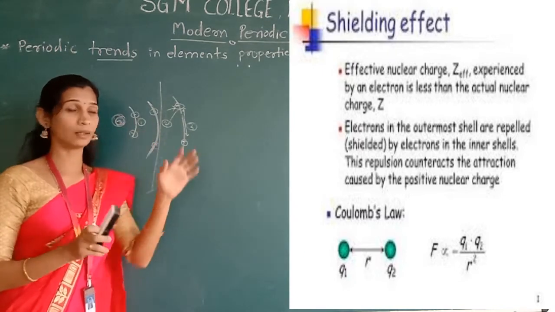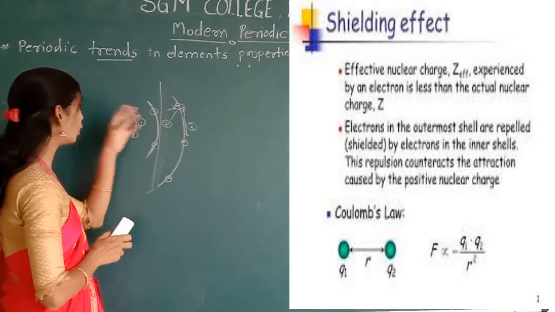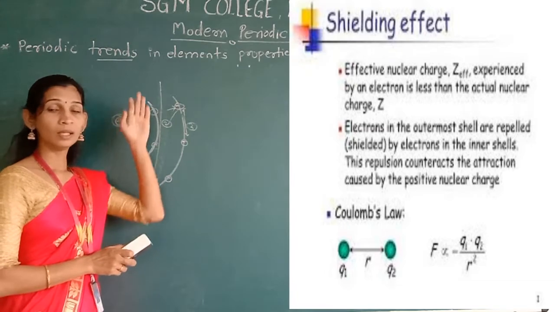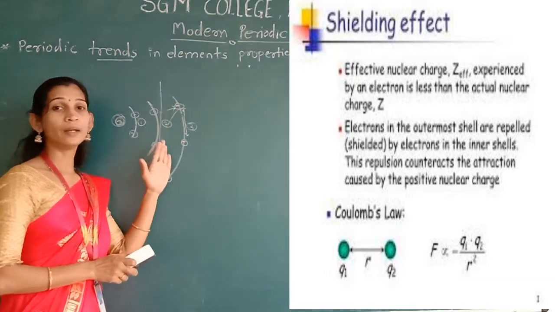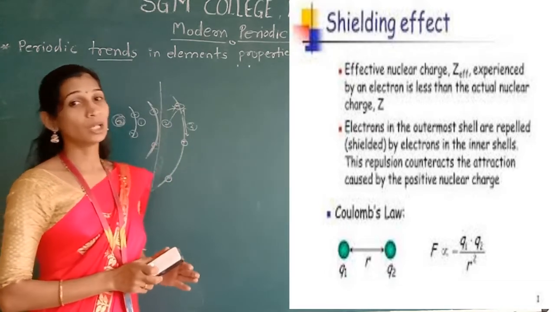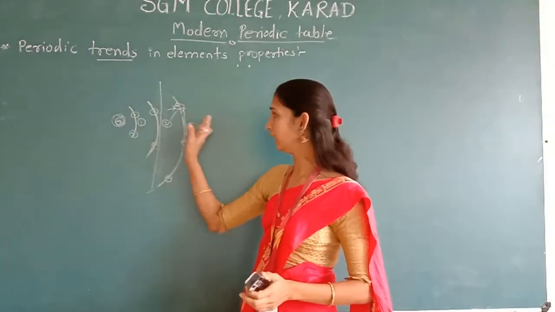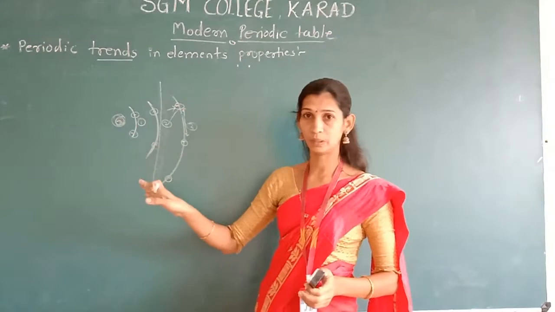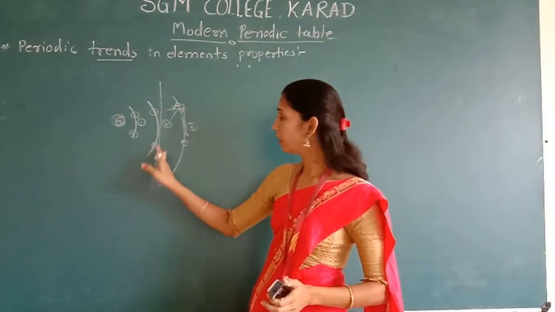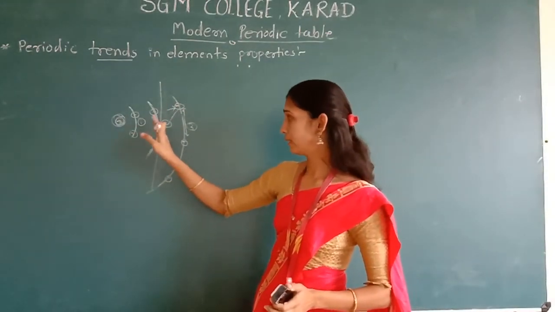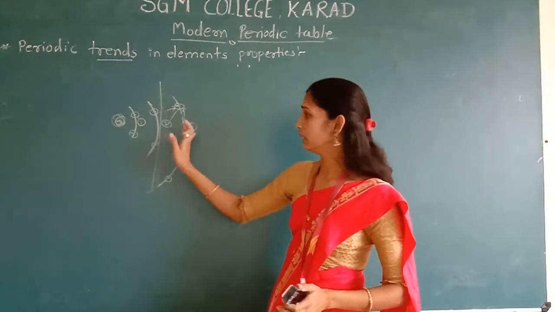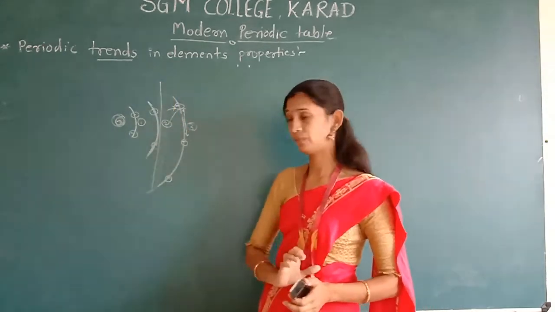It protects that electron going towards the nucleus. That protecting is known as the shielding effect. It works as a shield in between the nucleus and the outermost orbit. This shield, or this effect, is nothing but our shielding effect.